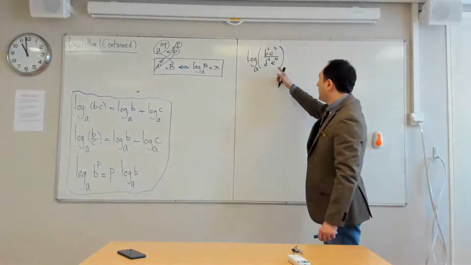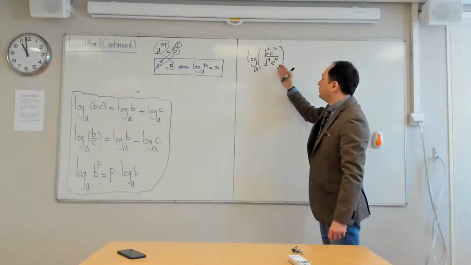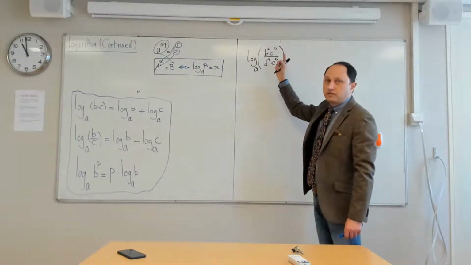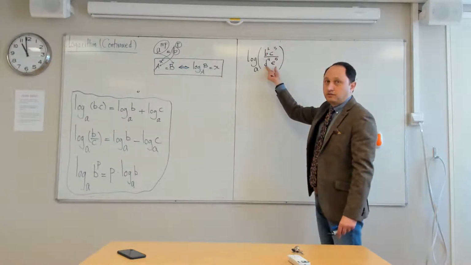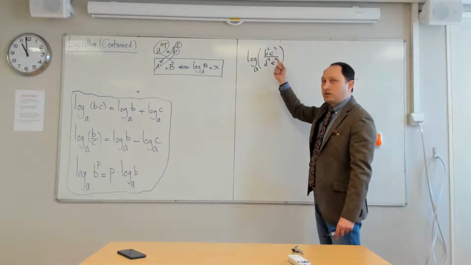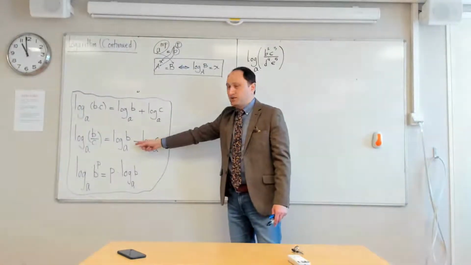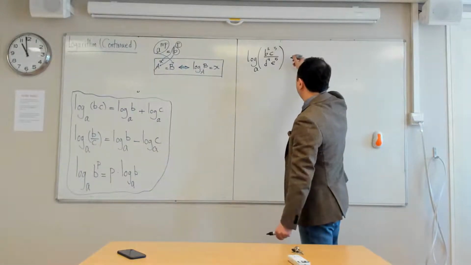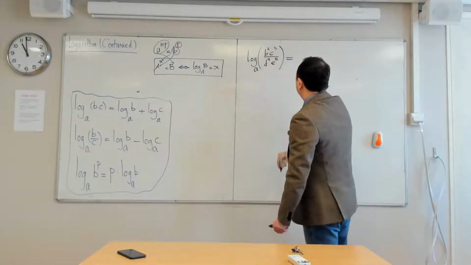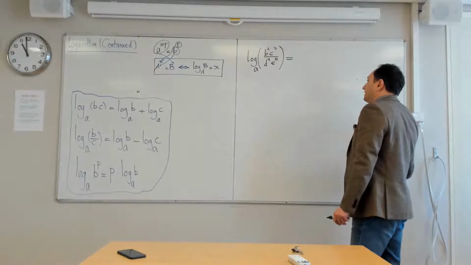Why? Because if I ask you what is this in front, you would say that is the quotient of this expression and that expression. So when you say that is the quotient, it means that you need to use this quotient rule first. Okay, so let me change my color. What I write in the blue is actually the answer.